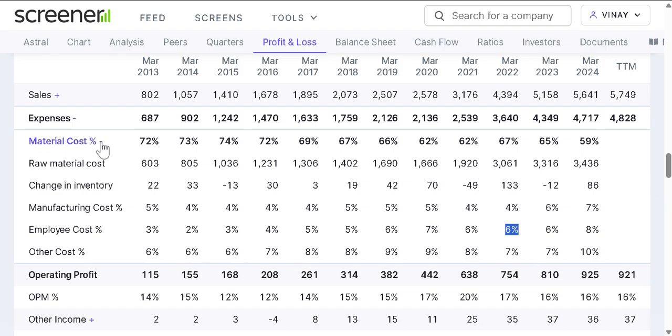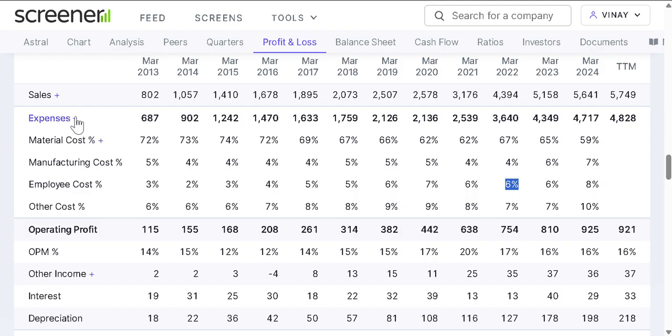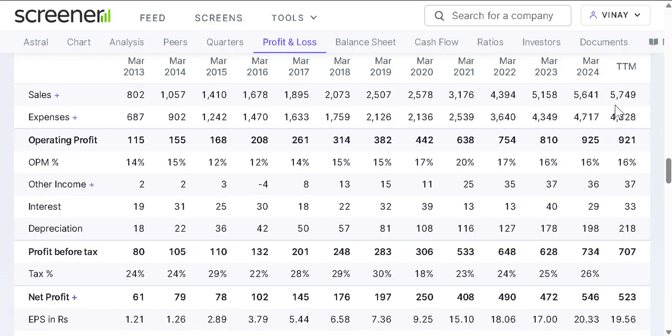So the expenses are reduced from the sales. Okay, so when you reduce these expenses from this sales, it comes as an operating profit. And what is operating profit? We have seen earlier, when you reduce all the items, this is taken as EBIT, earnings before interest and taxation.